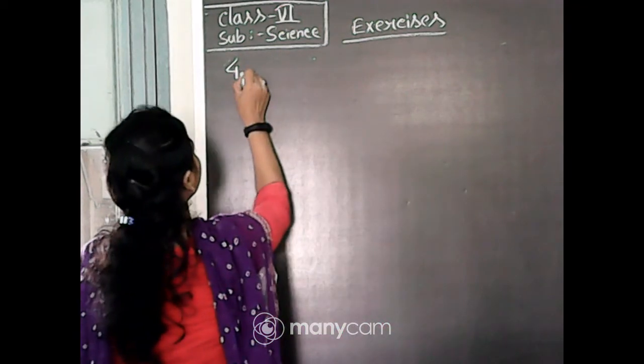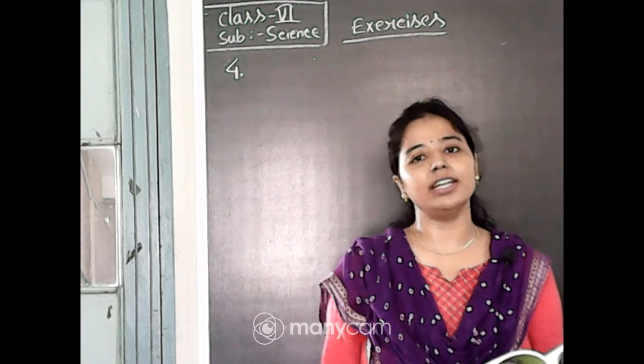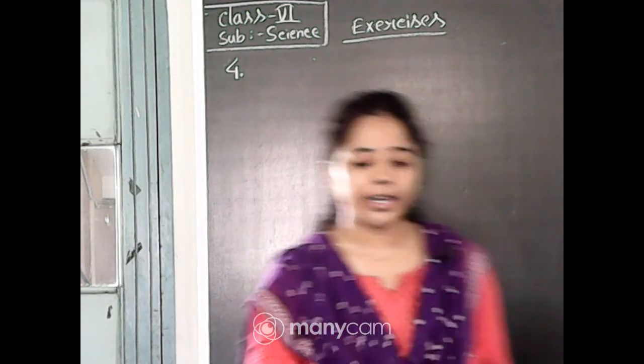Question number 4: which of the things in the following list are non-living? This is a very easy question. You can do it on your own, I know, but again I am writing this. Okay.